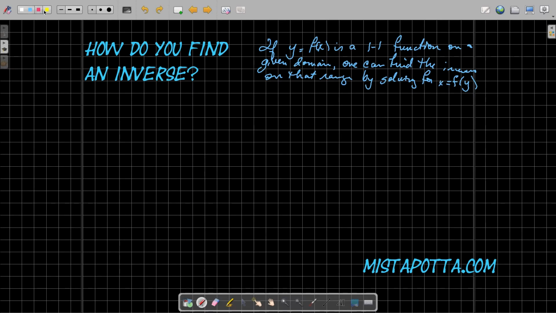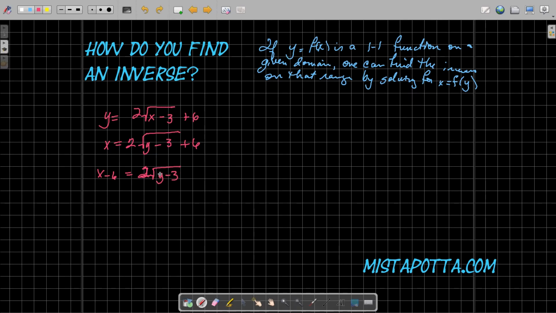And I want to do a couple of examples of that. So I'm going to do an example, y equals 2 times the square root of x minus 3 plus 6. So what I want to do is solve for this. So I have x equals 2 times the square root of y minus 3 plus 6, and I want to try and solve for y. And of course, the idea of solving something, I need to get rid of whatever term is farthest away from the y. In this case, it's that plus 6. So I'm going to subtract 6 from both sides.